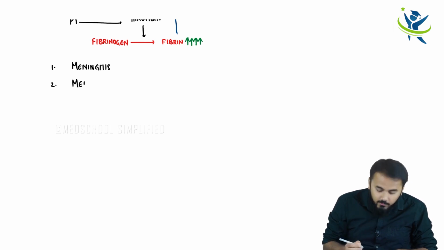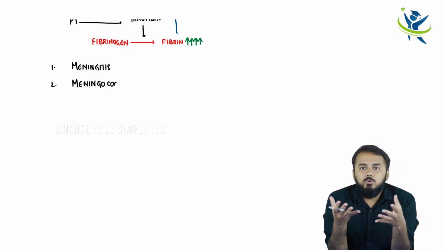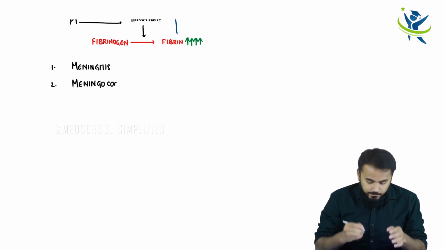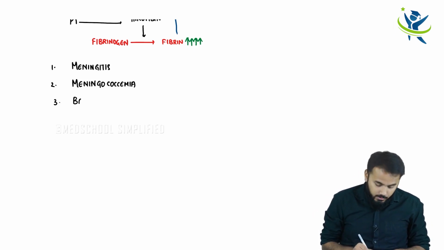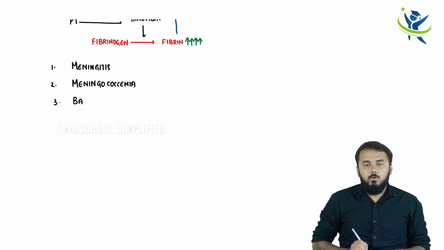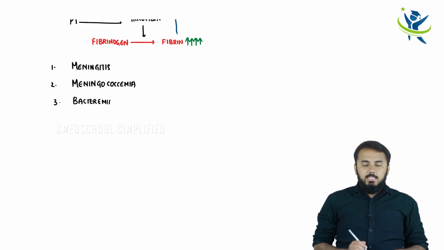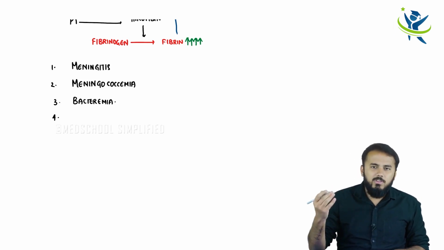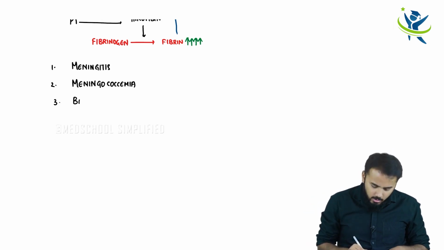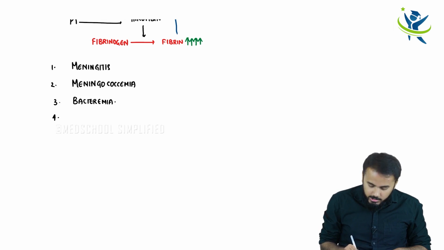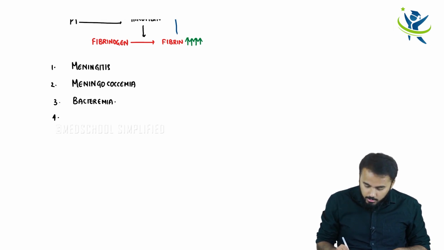Not only that, once the bacteria is in the blood, this is called bacteremia. Fourth important thing, these endotoxins caused fever and hypotension, all of you know, right? If fever and hypotension are too much, that condition you call shock.